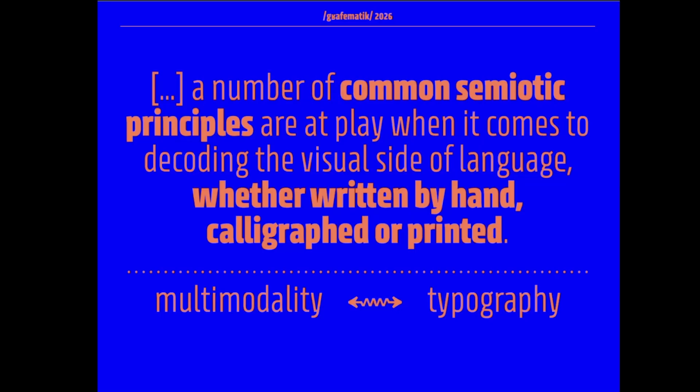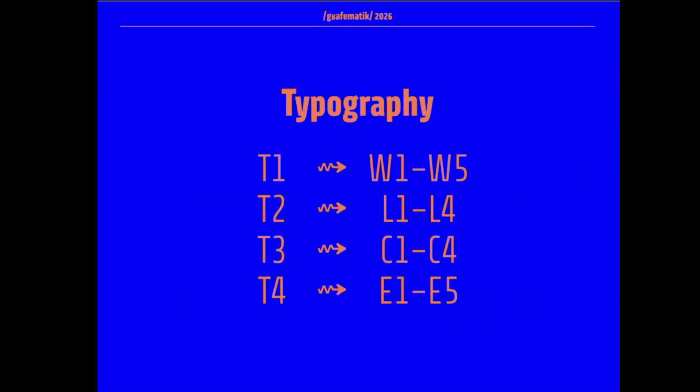So what I say is only this: what may work for multimodal studies may not work when we want to focus specifically on typography. So no, I don't agree with her.